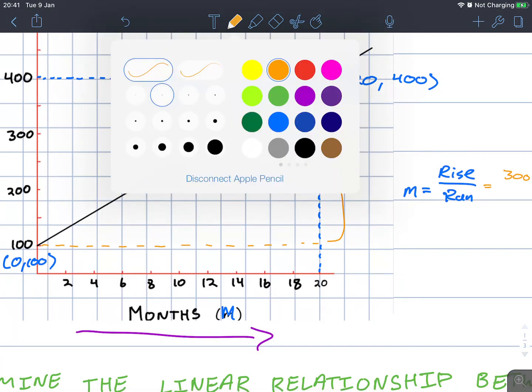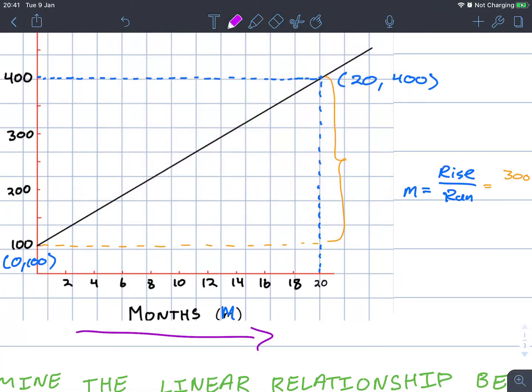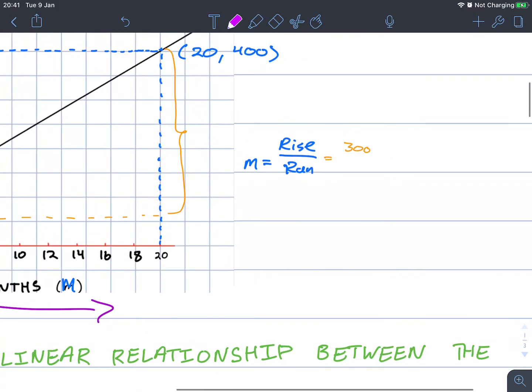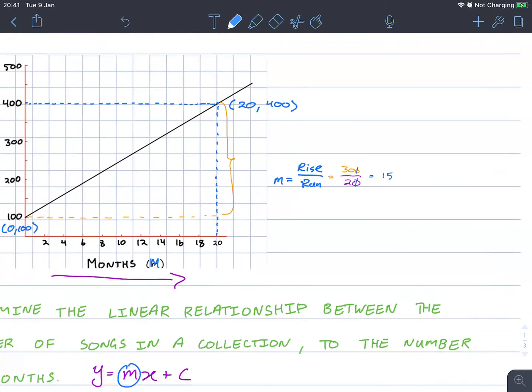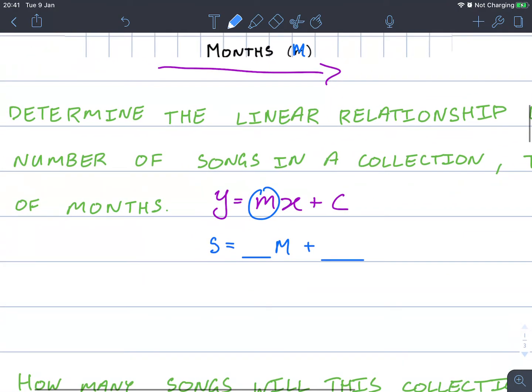And now the run, let's do this in purple. This run here, it has gone from 0 on the x-axis along to 20. Well, from 0 to 20, that is a run of 20. So over 20. Evaluating this, 300 over 20, you can cancel the 0, that's just 30 over 2, which is 15. So our gradient for this is 15.